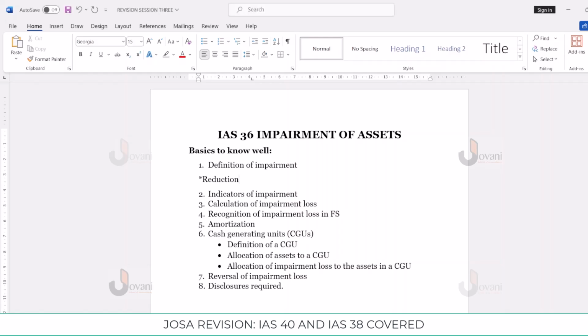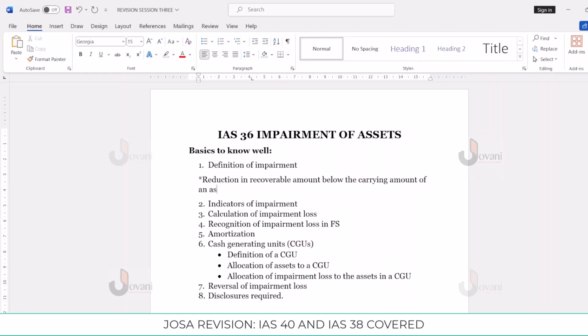All right. We've talked about reduction in recoverable amount below the carrying amount of an asset, or a CGU, a cash generating unit.